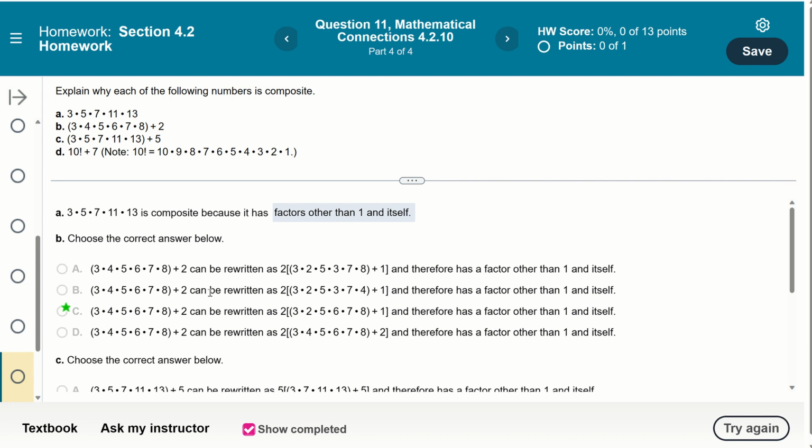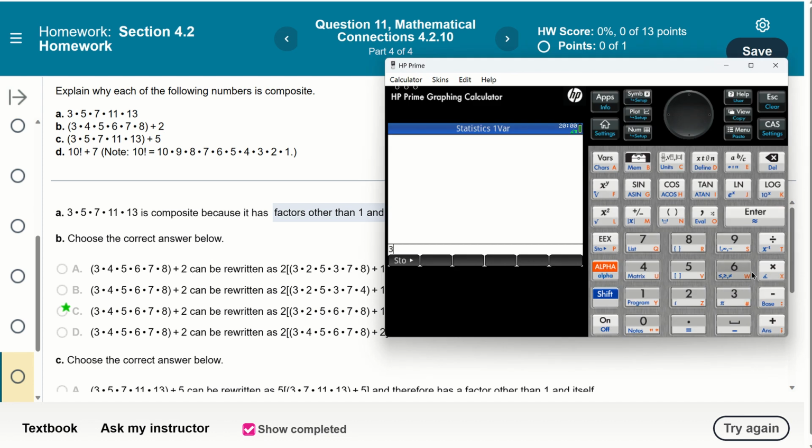If you multiply it out, you'll see you get 3 times 5 times 7 times 11 times 13. So basically we're looking at the number 15,015, right? And we're asking, why is that composite? Well, obviously it's composite because it has all these other factors other than 1 and itself, which is 15,015.